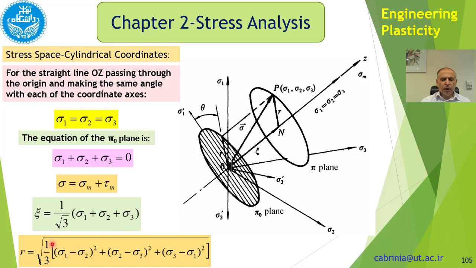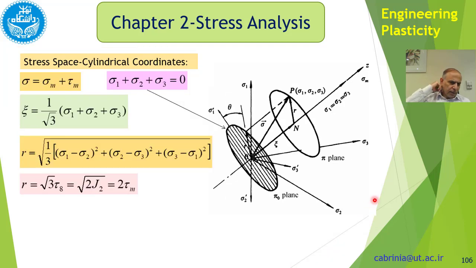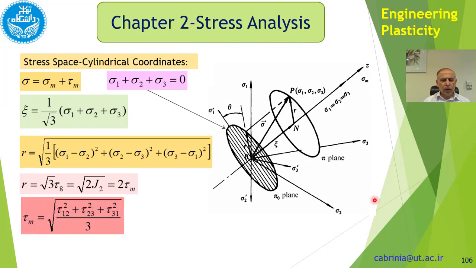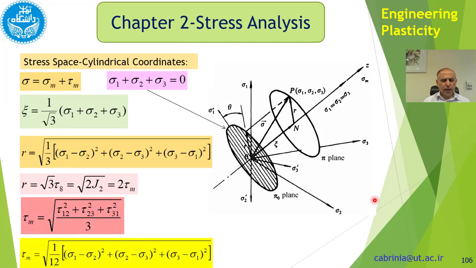We could write down R equal to that, and also as shown before in the previous slide, R is root 3 tau 8, because tau 8 was this divided by root 3, and it's radical 2 J2 and root 2 tau m. And for tau m we could write it like that or like that.